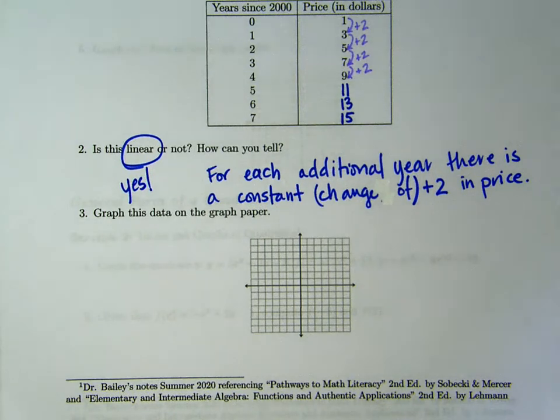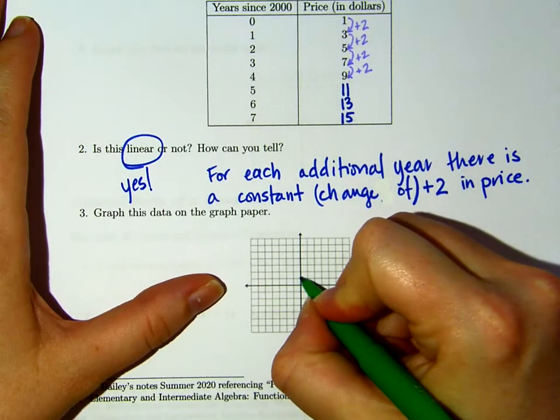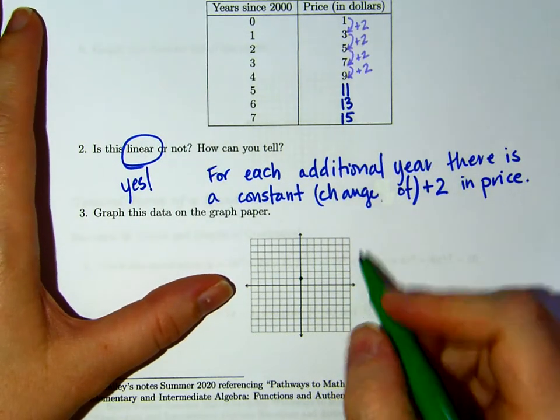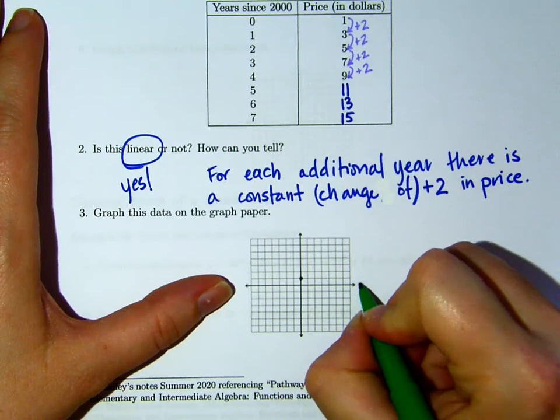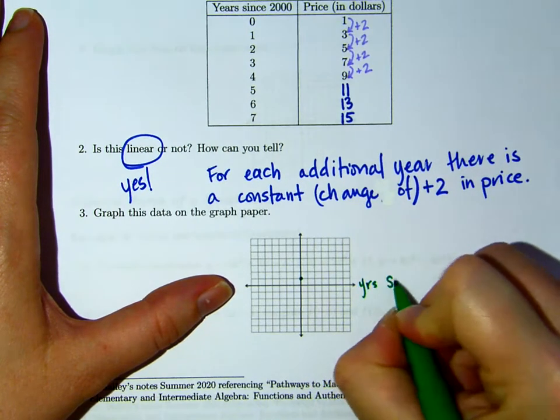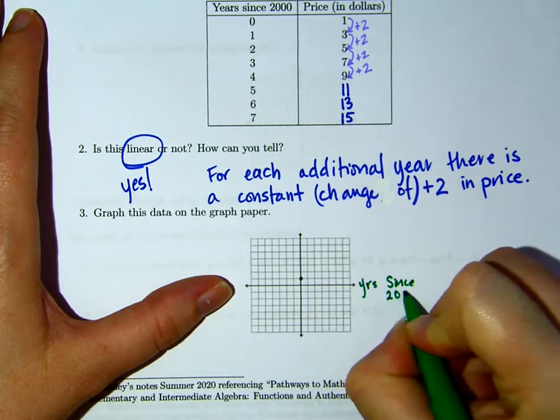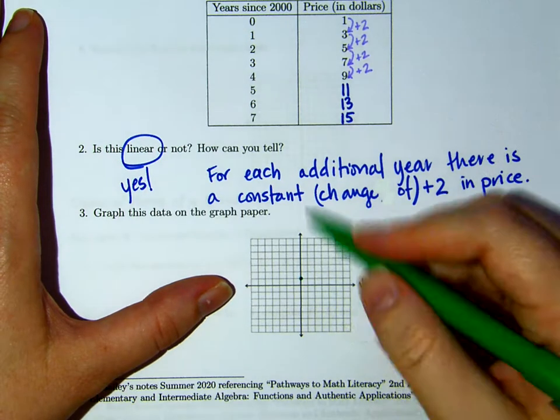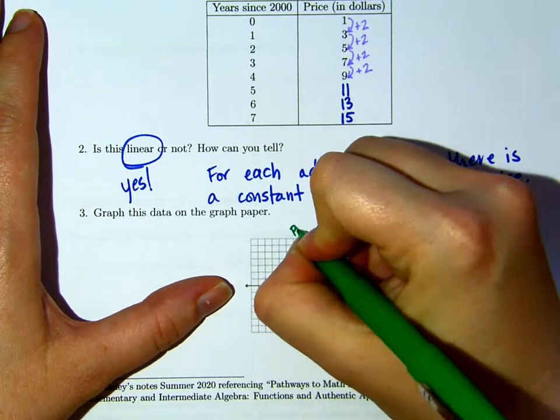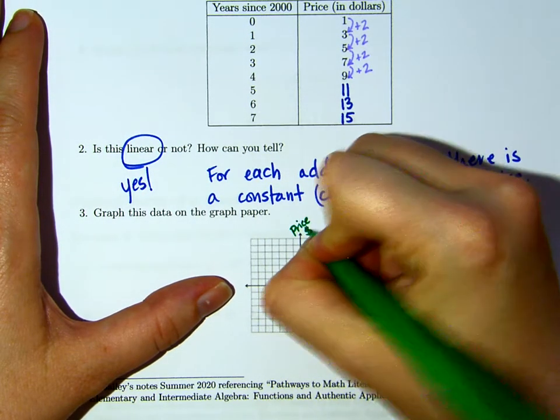And graph this data. First of all, I'm going to label these axes. What is this? Years since 2000. And price in dollars.